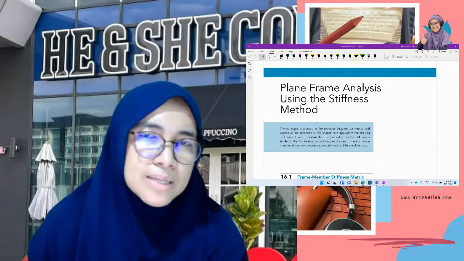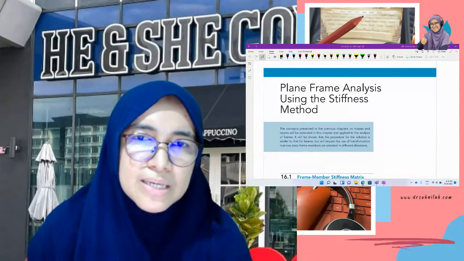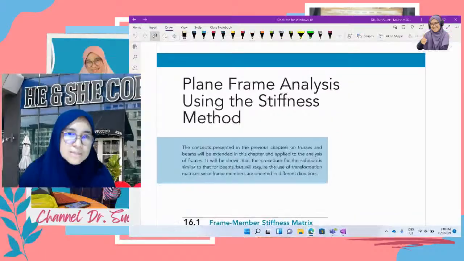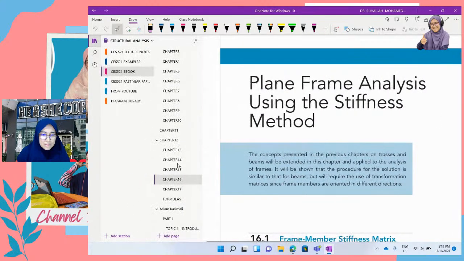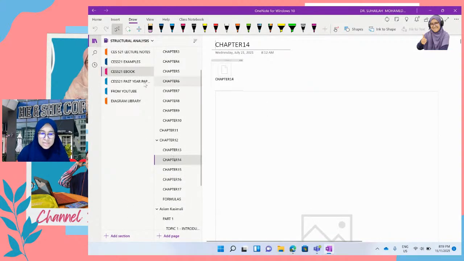So in the analysis of indeterminate structures using the stiffness method, we will analyze the truss first. Okay, this is the frame. Wait, I need to open the truss. Okay, this is the truss.